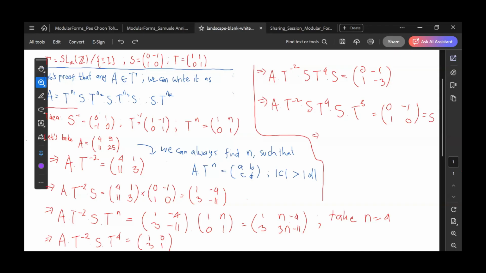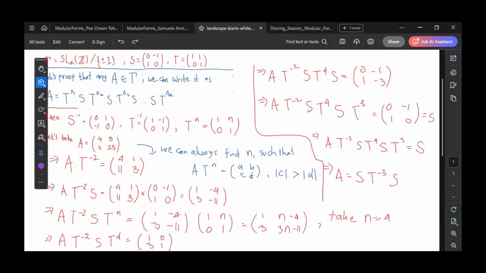So we have that this is equal to S. And then we can just move this one here to get that A is S times T to the minus 3 times.